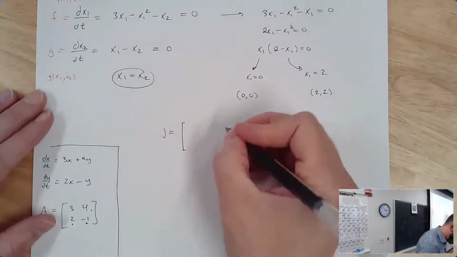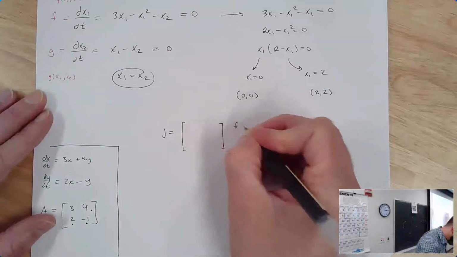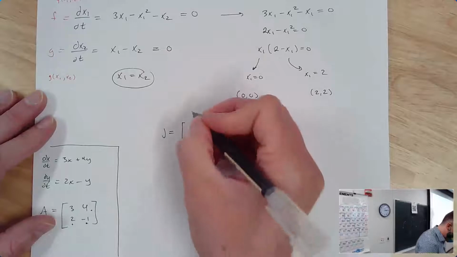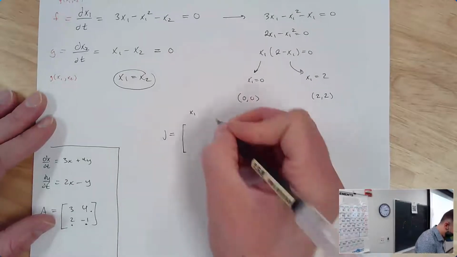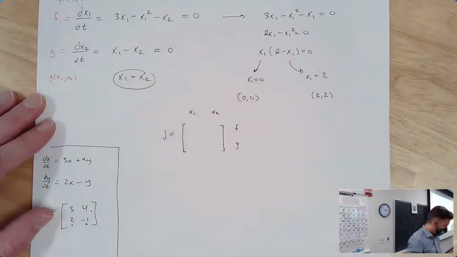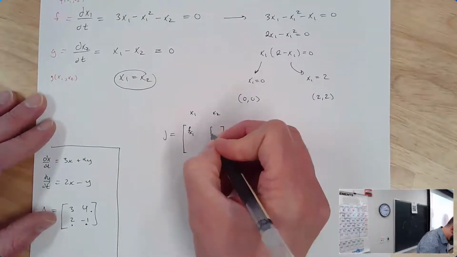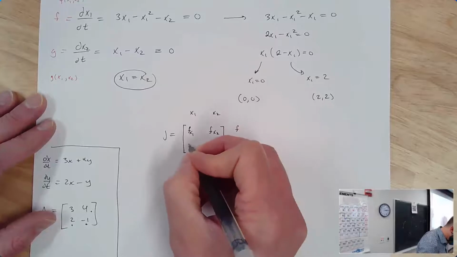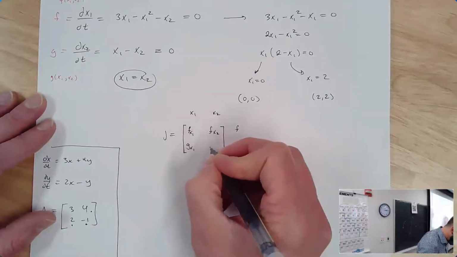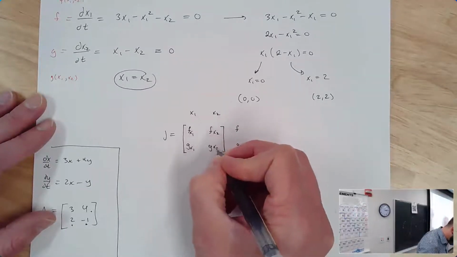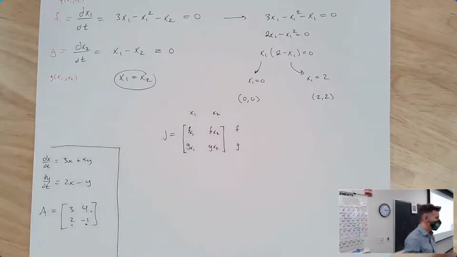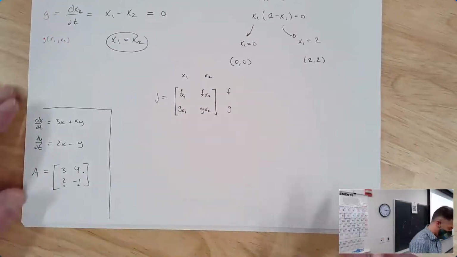So the top is f, the bottom is g, the first column is x1, the second column is x2. I take the partial of f with respect to x1, the partial of f with respect to x2, the partial of g with respect to x1, the partial of g with respect to x2. To me, that's the easiest way to remember it.